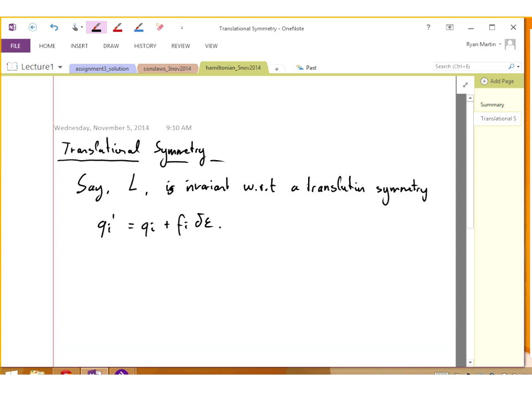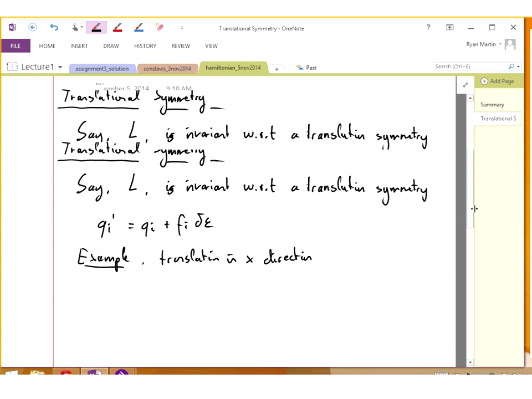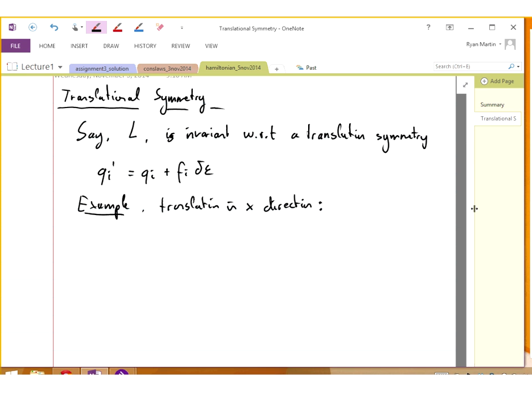For example, for a translation in the x direction, we already did this at the beginning of the chapter. We looked at what the Fi would be for a translation and a rotation.